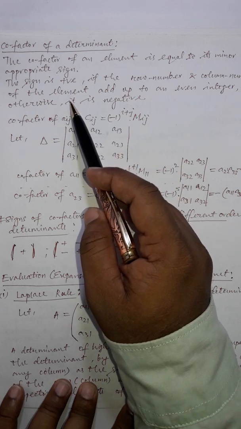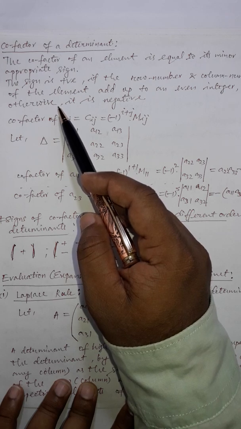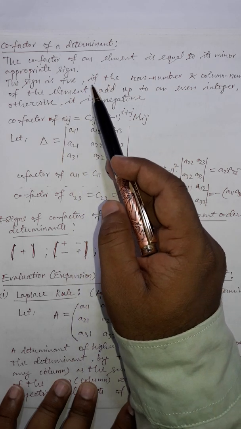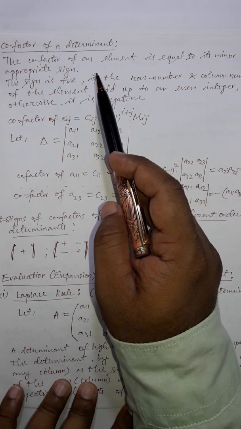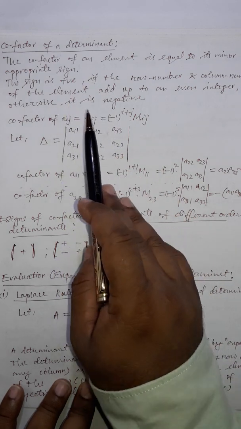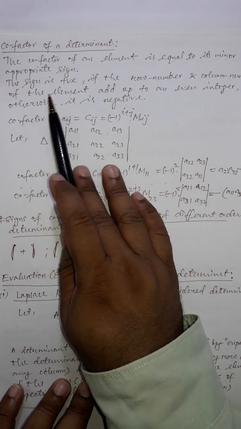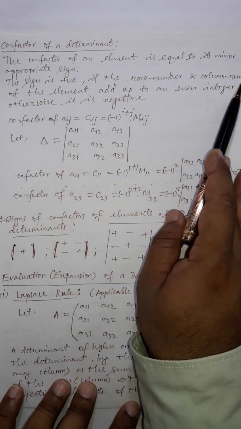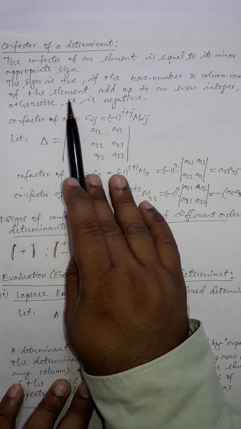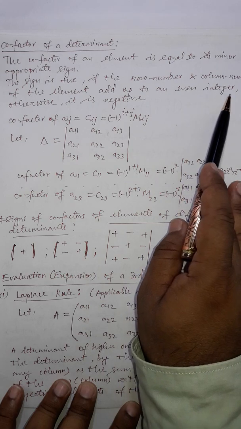So, if there is a minor and you change the sign of that minor, then you may get its cofactor, but that changing of sign depends on a particular formula. The sign is positive if the row and the column number of the element add up to an even integer.